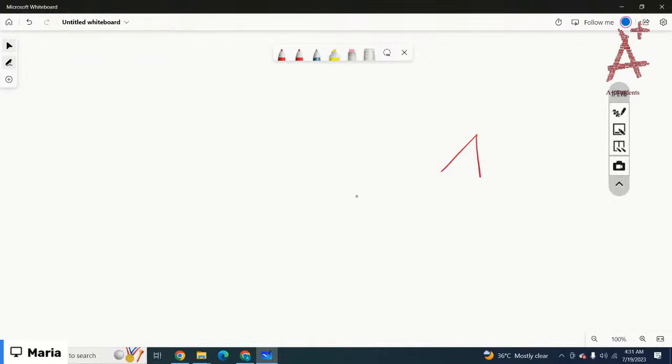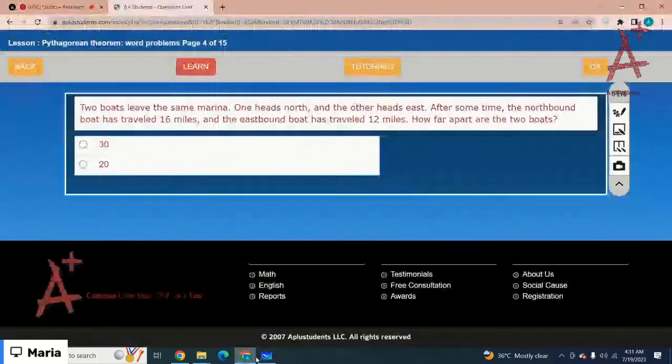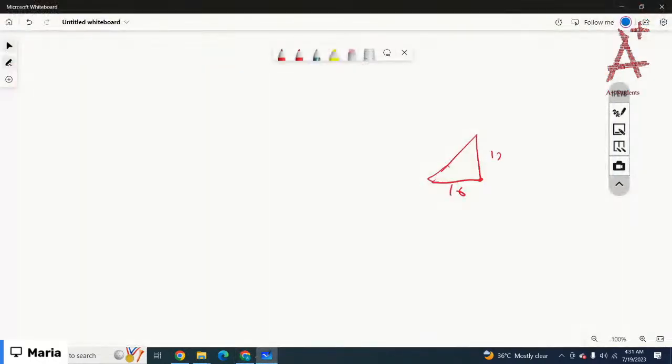Okay, it is like 16. This is marina, and the other one is 12. We have to calculate c in this case. Got it? So it would be a square plus b square equals c square. That is 16 square plus 12 square equals c square.